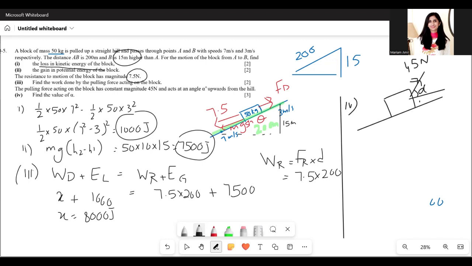So this component is going to be 45 cos alpha. And downwards, we have mg sine theta, and we have the resisting force, which is 7.5 newtons.